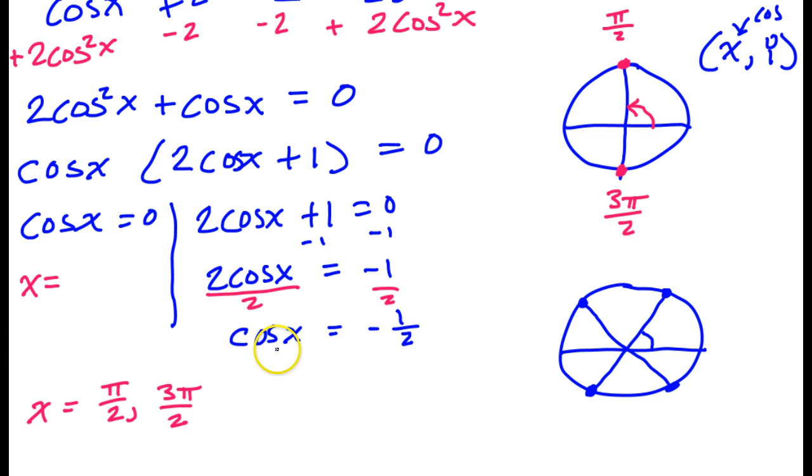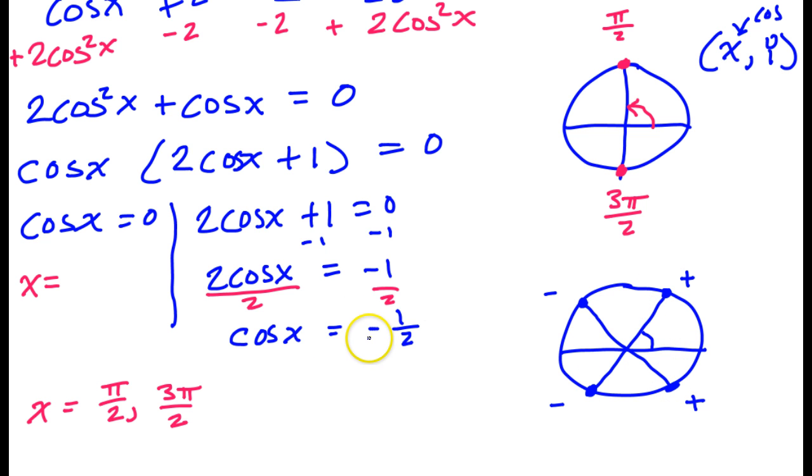Now remember, we're talking about cosine. We're talking about x values. So x values are positive on the right-hand side, and they are negative on the left-hand side. So all of these four positions will have a cosine of 1/2, but these two will be positive 1/2, these two will be negative 1/2.